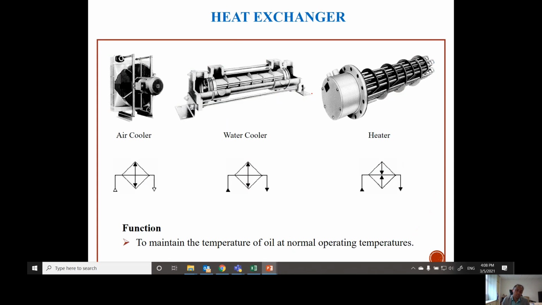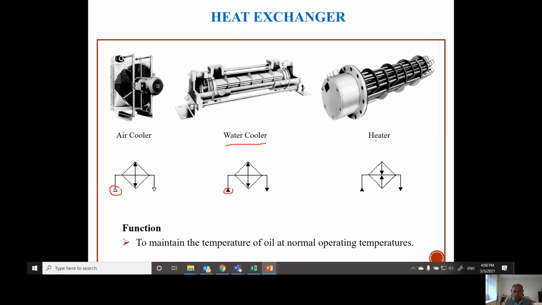And lastly, just on this item related to the heat exchanger, we have three types. Cooler, we have air cooler, for pneumatic, and water cooler. The symbol is the same. It's just that for air cooler, the triangle is not bold, but for water cooler, the triangle is bold.